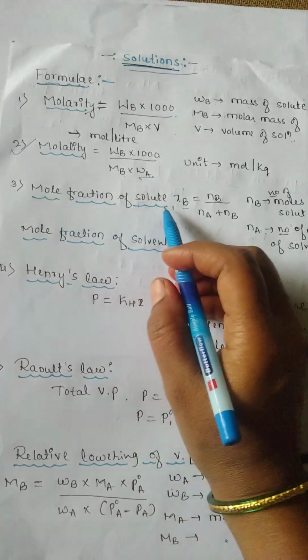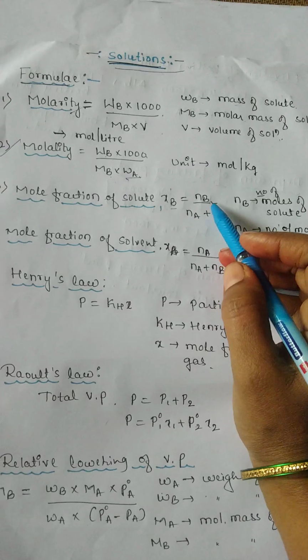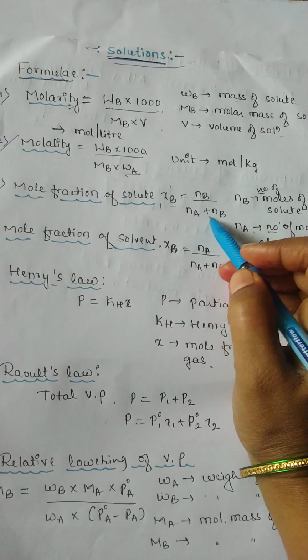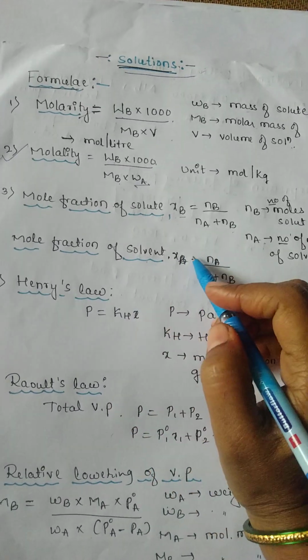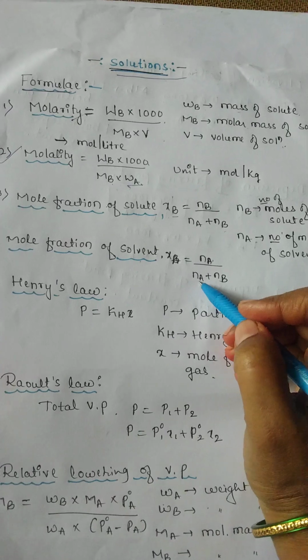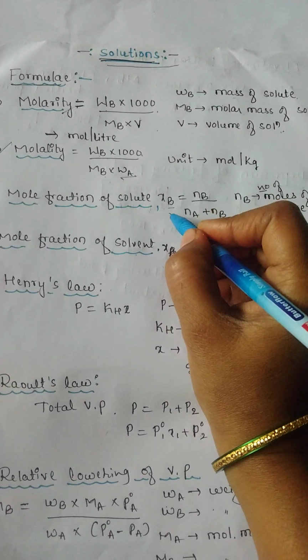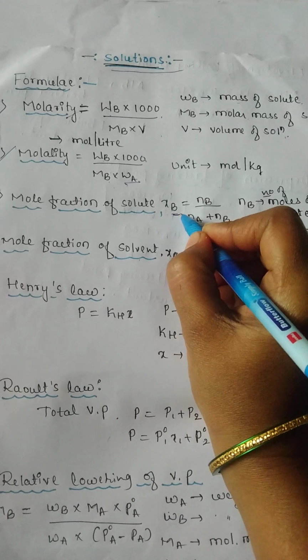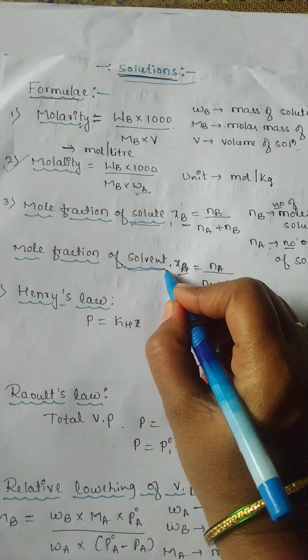So next, mole fraction of the solute. Here XB is equal to NB divided by NA plus NB, and the mole fraction of the solvent, that is XA, is equal to NA divided by NA plus NB. Here always we have to remember B stands for solute, A stands for solvent.